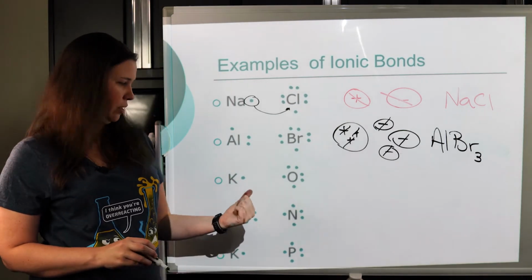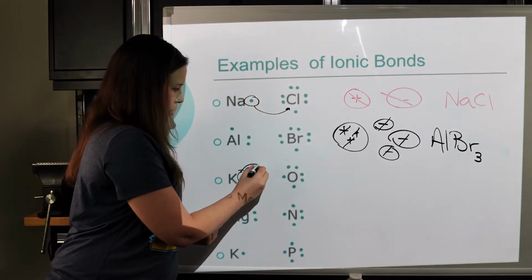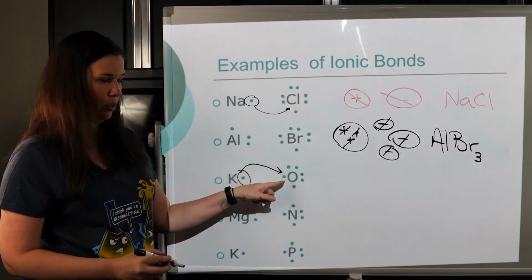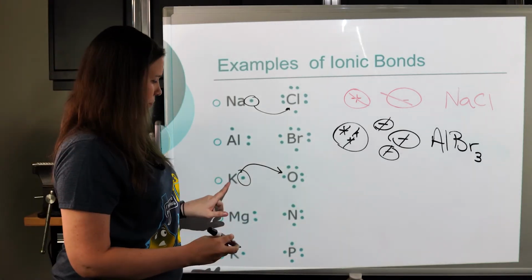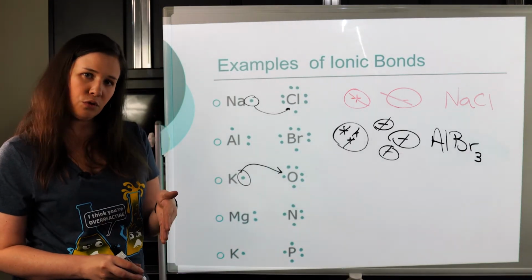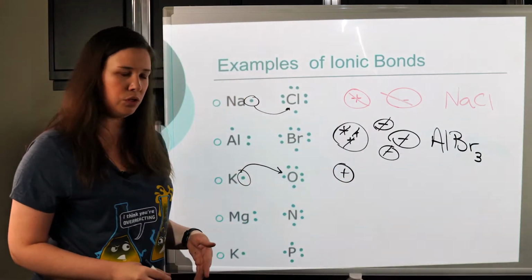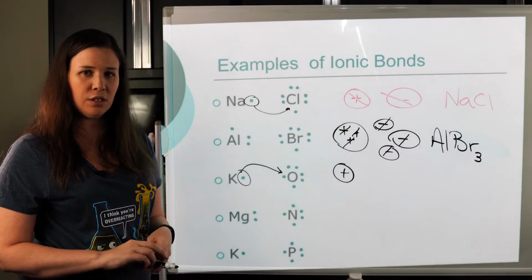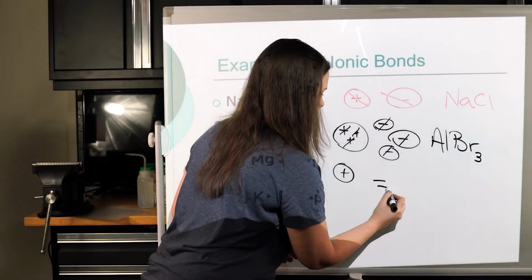Let's do one more this way. Potassium only has 1 electron, so it could fill in 1 part of the oxygen, but it wouldn't complete the octet. So how could we fix that? Potassium, being in the first group of the periodic table, would come as a single +1 charge, whereas the oxygen is actually in group 16. So that's going to have a -2 charge.